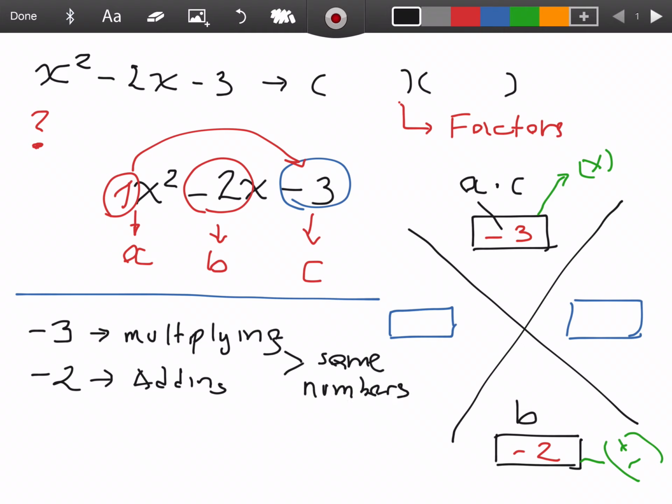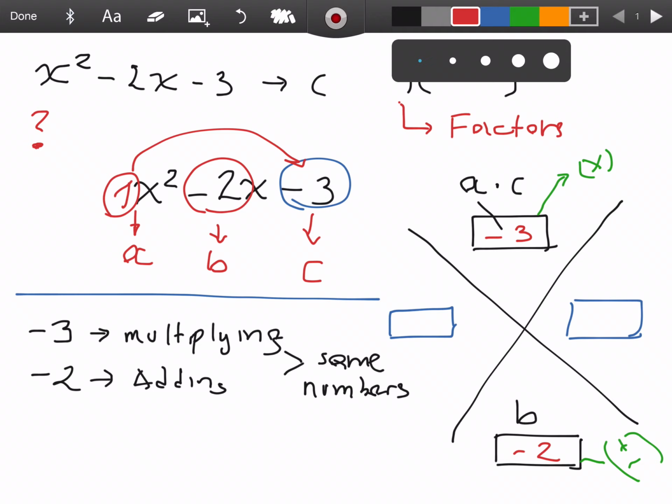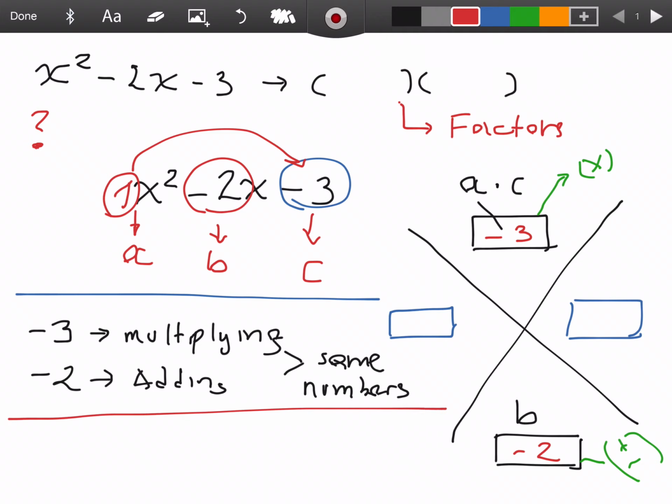To complete this task, we are going to explore the different numbers that after multiplying we can get minus 3. For example, to get minus 3, we have minus 3 times 1 equal minus 3. We don't have more combinations. Now we are going to use the same numbers, but instead of multiplying, we are going to add.